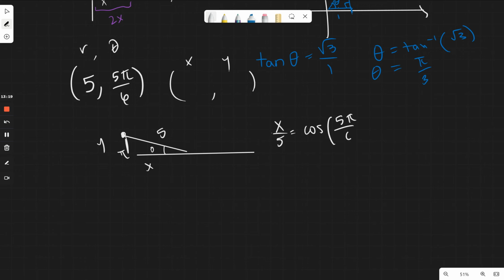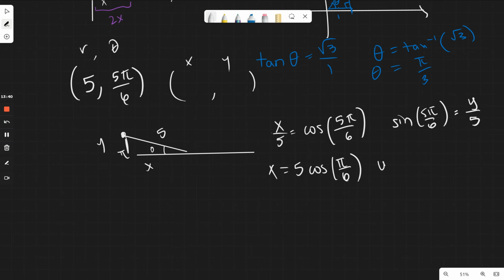Cosine is adjacent over hypotenuse, and so we know x over 5 is cosine 5 pi over 6, so we can say x is 5 cosine 5 pi over 6. And so we know that sine of theta, which is 5 pi over 6, is going to be equal to y over 5. So y is equal to 5 sine 5 pi over 6. Okay? So there we have it. Our x and our y, this is how we find them, using just normal trigonometry.